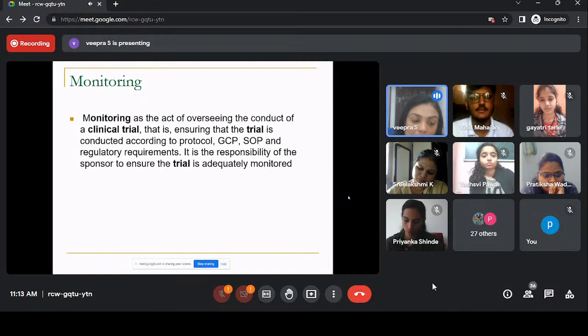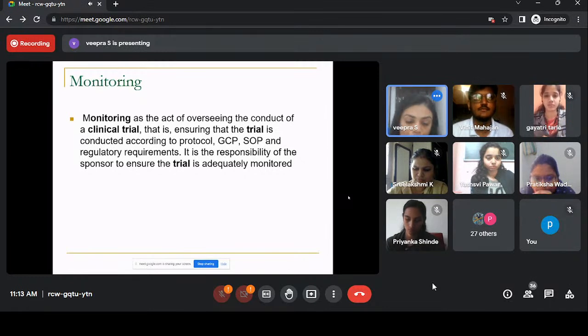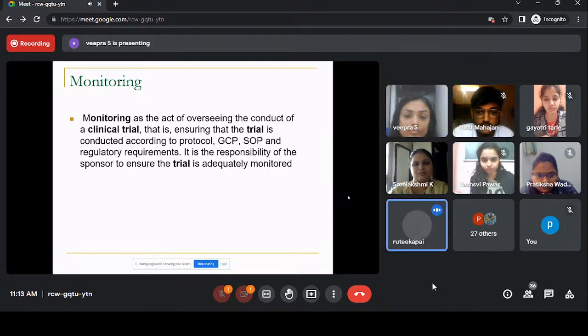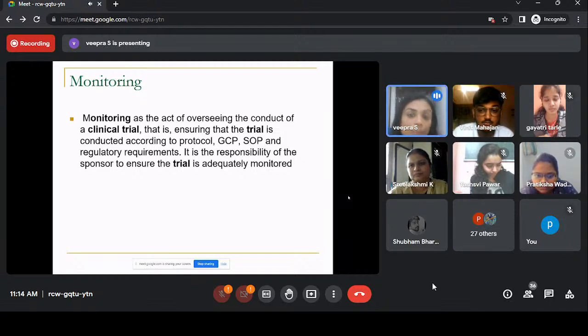For this purpose the sponsor will appoint a person to do the monitoring. Who is the one conducting monitoring? The monitor, the CRA, clinical research associate, will conduct the monitoring at the site.